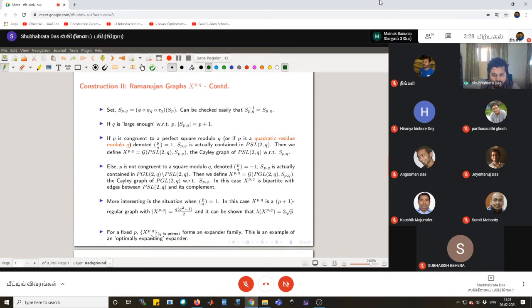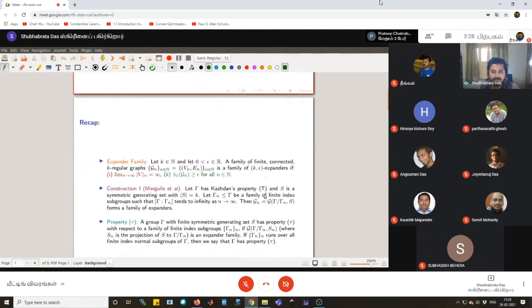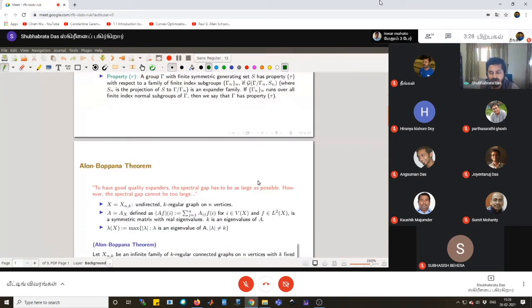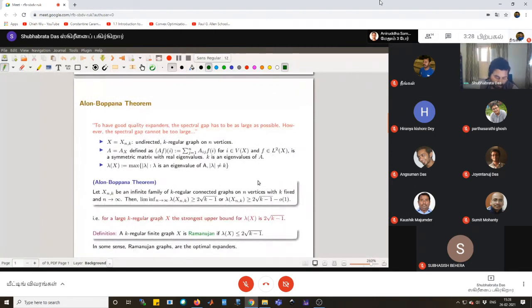Now if we consider a graph like that, in our definition we call something an expander family when we have a sequence of such graphs where always the spectral gap is bounded below.